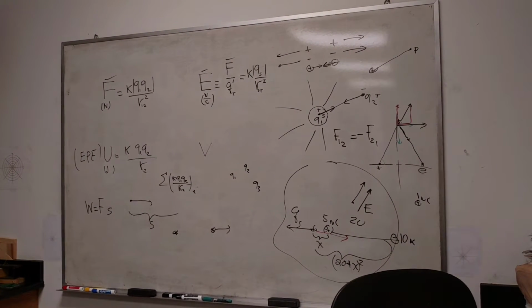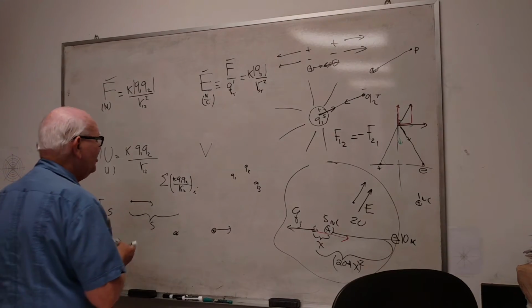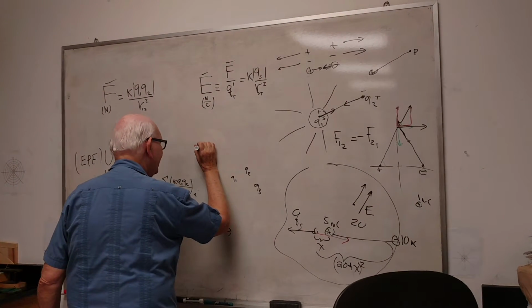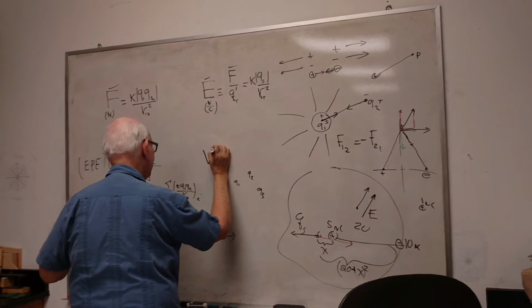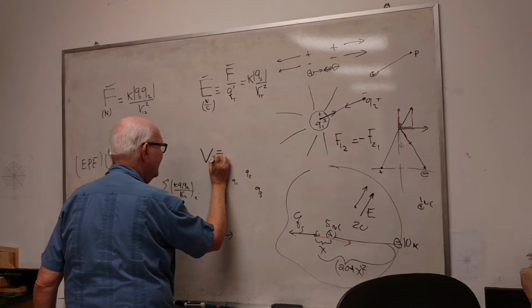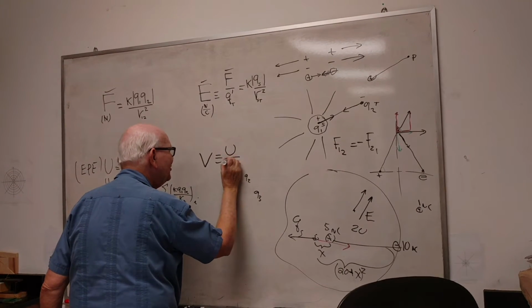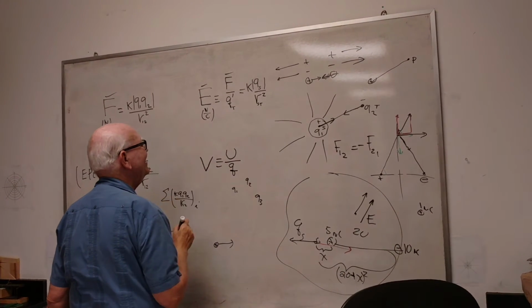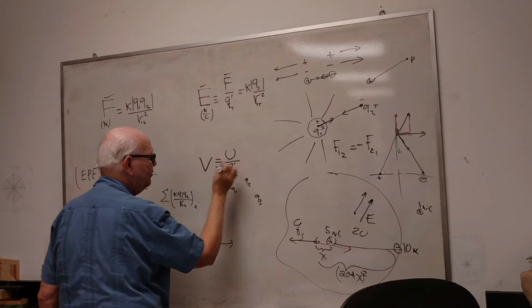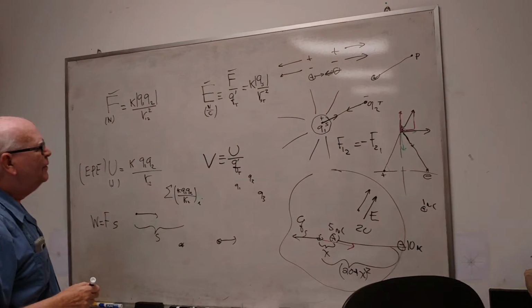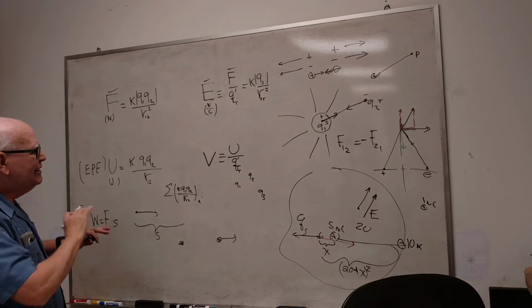The last factor summarizes everything. The potential, not the potential energy, is by definition the potential energy per unit charge. Again, test charge, or prime, because I think the book uses prime. So this is the simplest one.